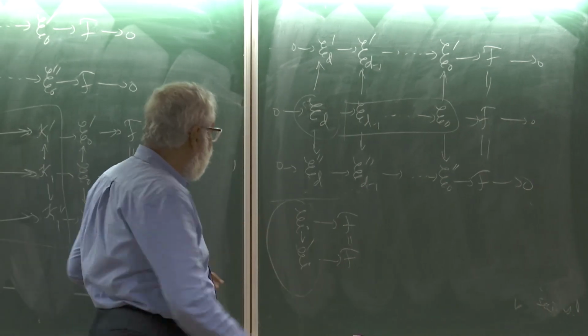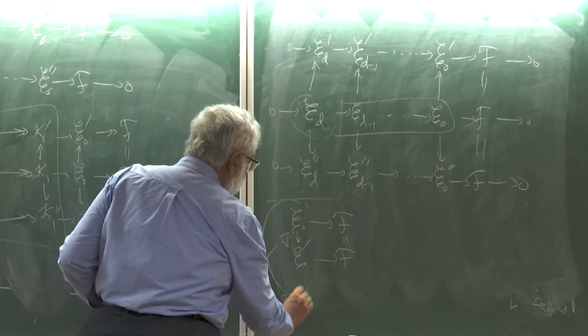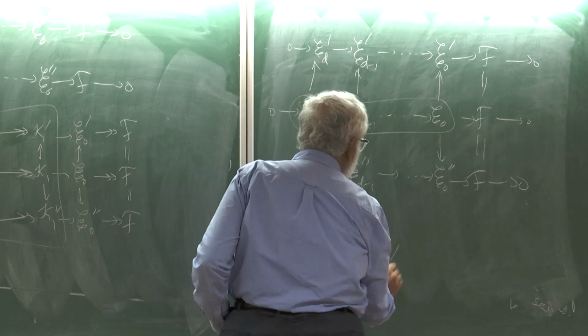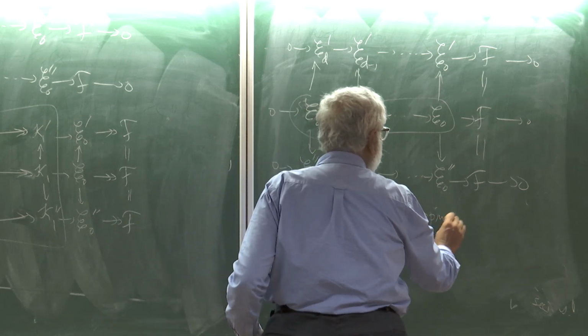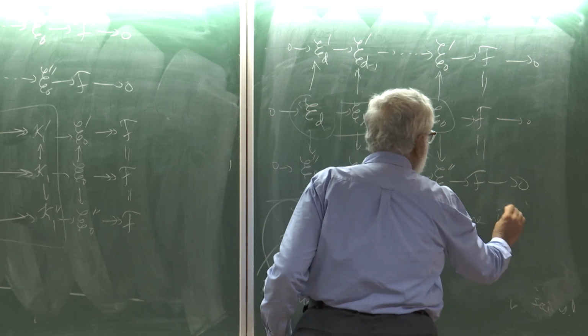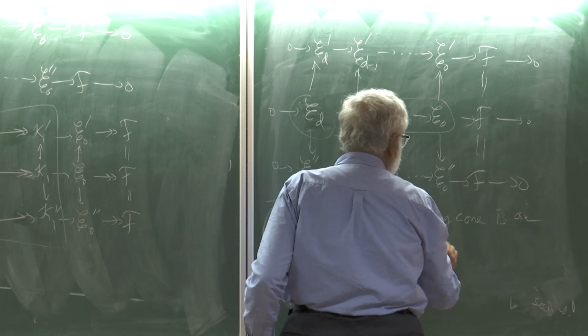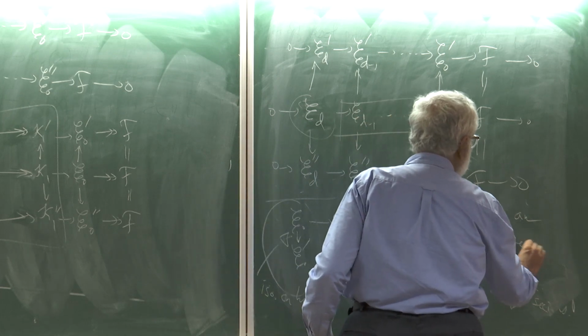So this is a quasi-isomorphism, an isomorphism on homology. So this implies the so-called mapping cone is an exact sequence of vector bundles.